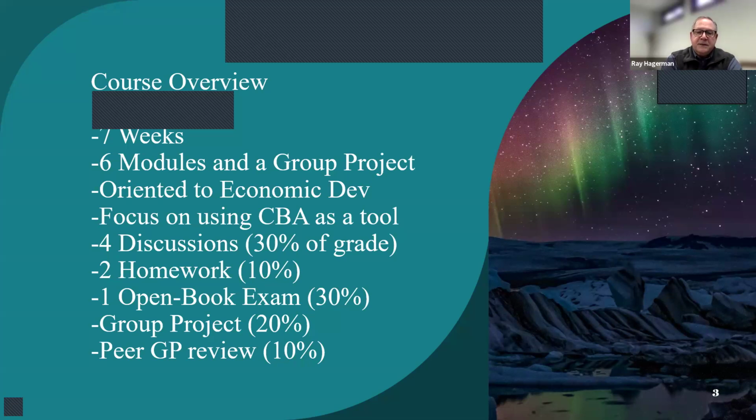So again, focusing on CBA as a tool, not just as theoretics, and 30% of your grade is actually you're going to be watching the videos, you're going to be doing the readings, and there are 4 discussions, module 1, module 2, module 3, and module 5, that you're going to be responsible as an assignment to do discussions. You've all done these before.